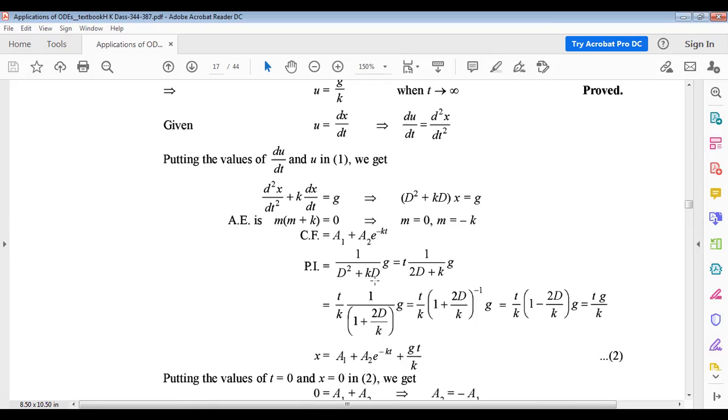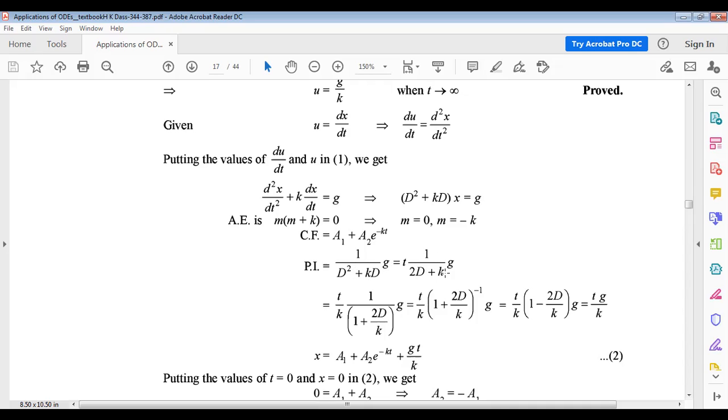How? Actually, if we take e to the power 0 into t, then putting D equals to 0 will be undefined. Understand? So we have to take differentiation, multiplying with the independent variable, that means t, and differentiate this.